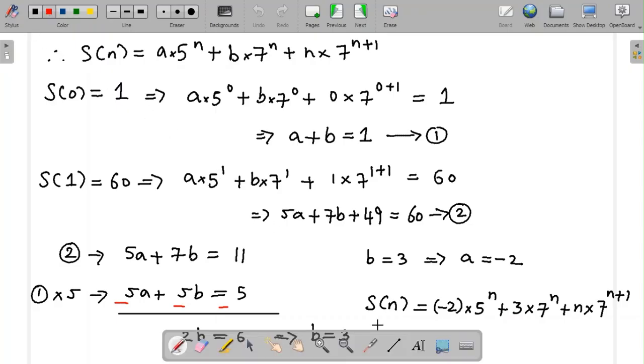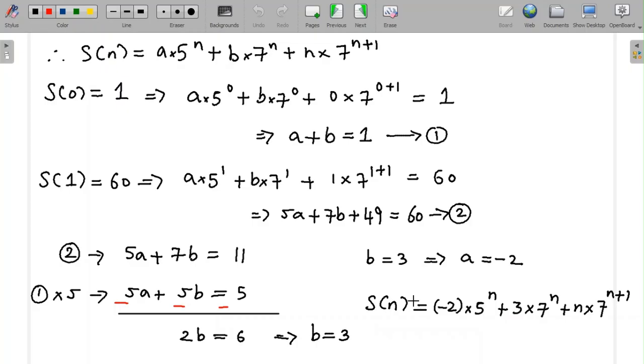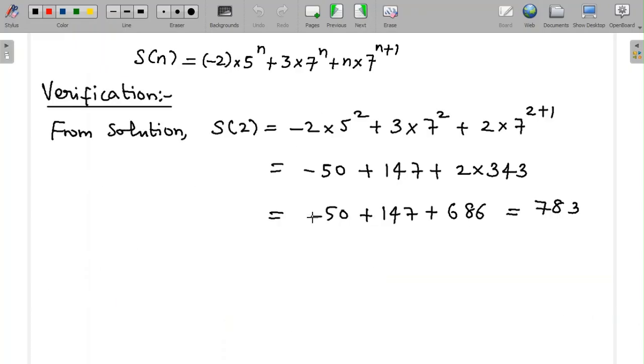So our closed form expression of the recurrence relation takes the form -2 times 5 power n plus 3 times 7 power n plus n times 7 power n plus 1. Of course, we'll just do a customary check of the answer.